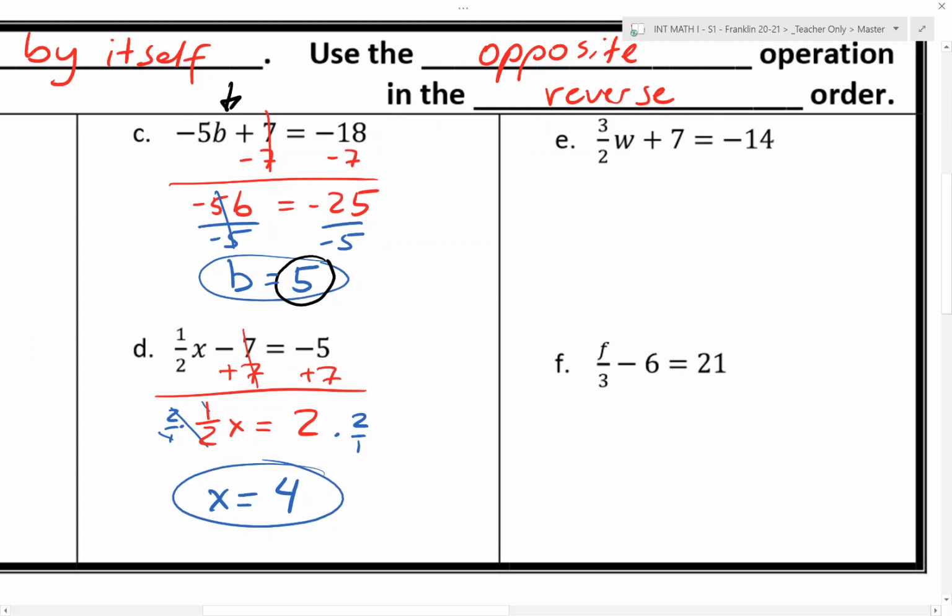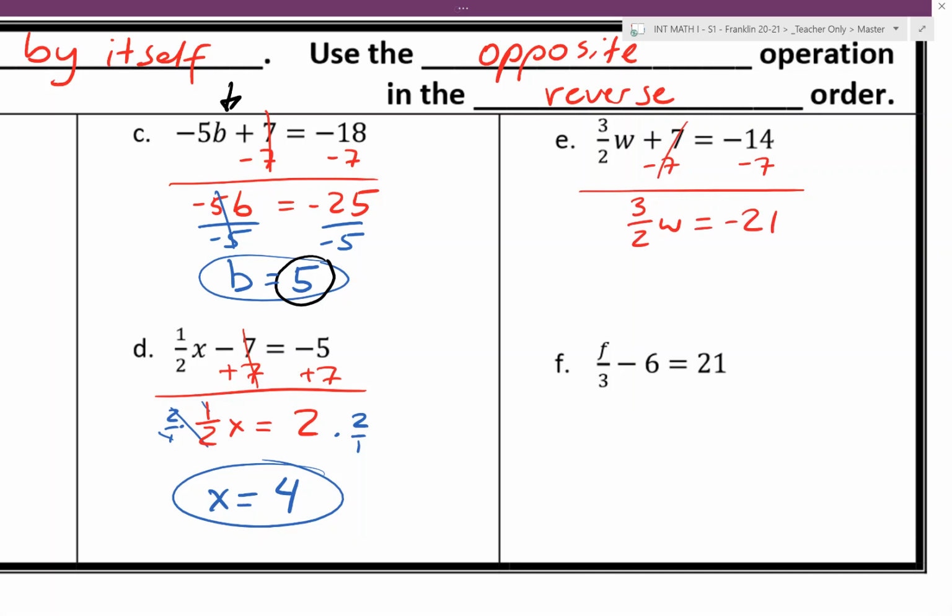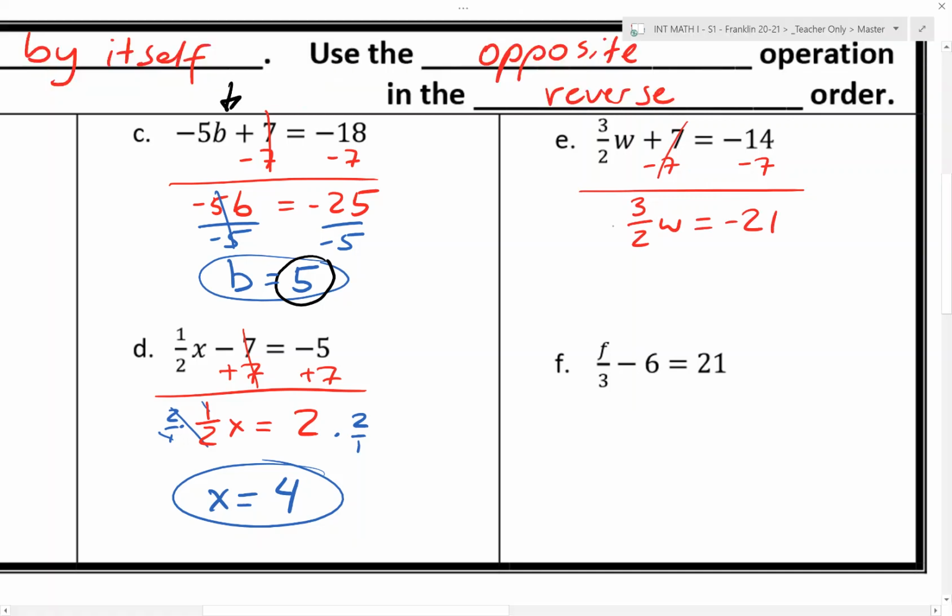All right, 3 over 2w plus 7 equals negative 14. Again, here we have a plus 7 that we need to subtract, leaving us with 3 over 2w, those go away, equals negative 21. And for the fraction, again, we multiply it by the reciprocal.